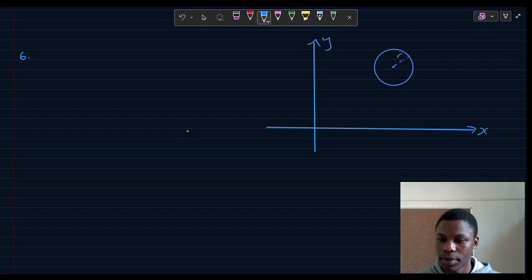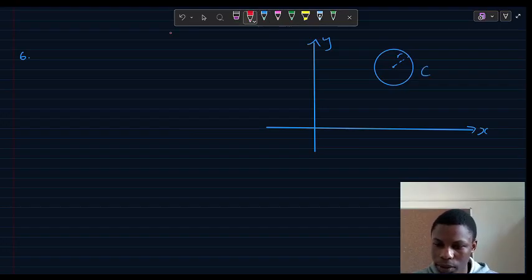So we're given this diagram with our y-axis and x-axis, and a circle with radius r, and we're told that this is circle C.